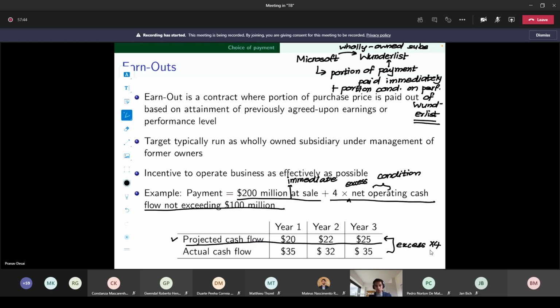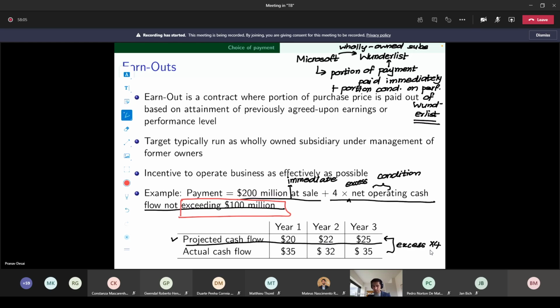Now, what Microsoft has also done is embed an option from its own end in case the actual cash flows exceed the projected cash flows by a very large margin, and that option is here. So it's not like an unlimited upside potential for payment.